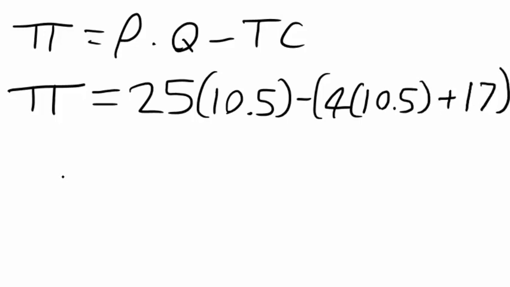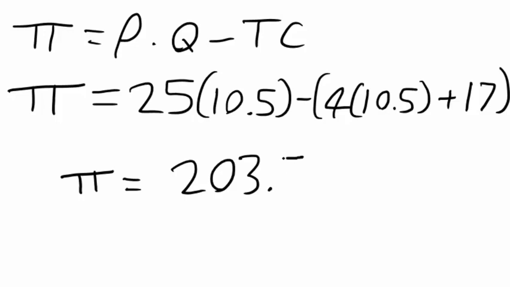And so, if we plug all that into a calculator, we get a profit of 203.5. So if we were to follow uniform pricing as our pricing model, we would make $203.50. And this is the maximum profit we can achieve under uniform pricing.